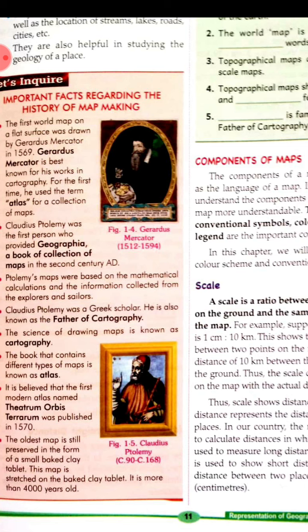Then Theatrum Orbis Terrarum was published in 1570. It was the first modern atlas. The oldest map is still preserved in the form of a small baked clay tablet. This map is drawn on the baked clay tablet. It is more than 4,000 years old.